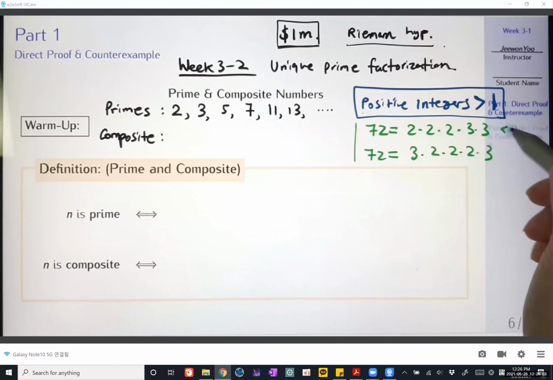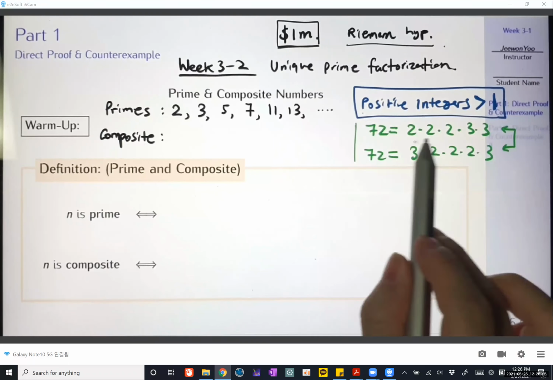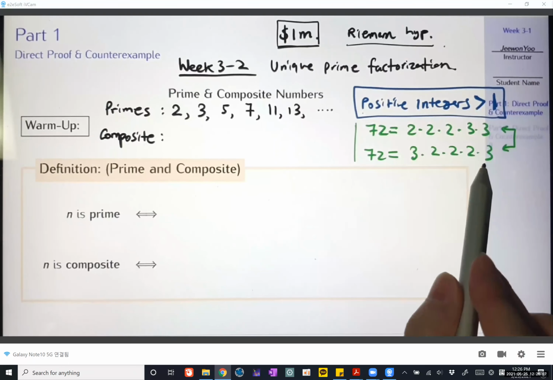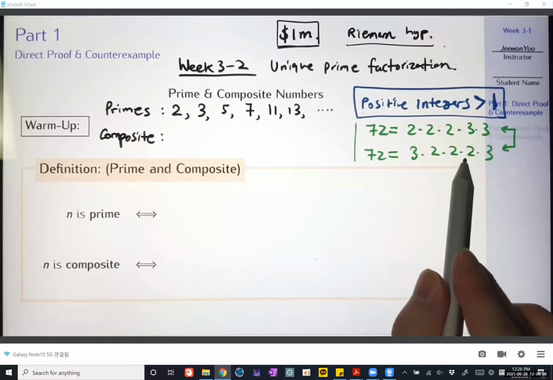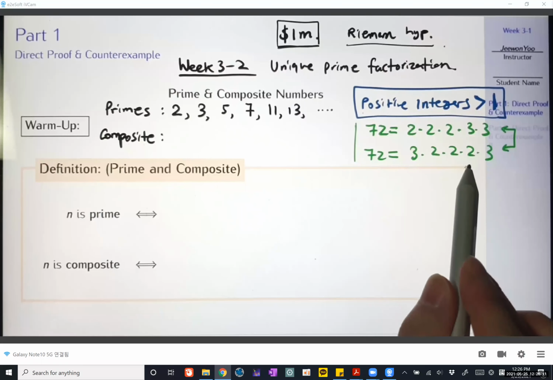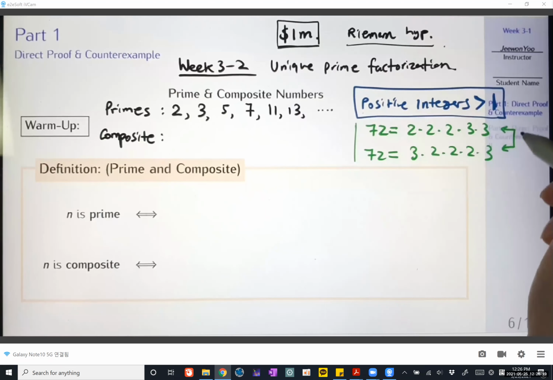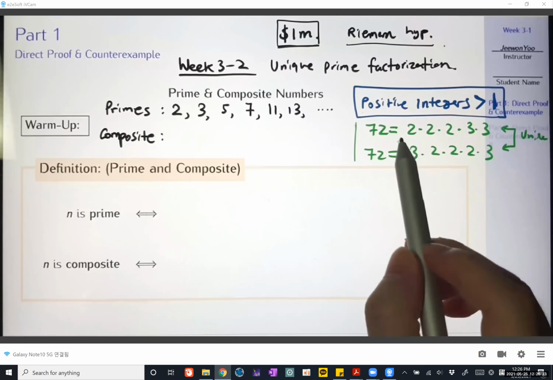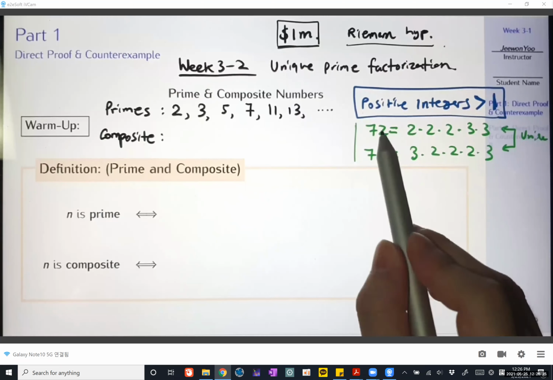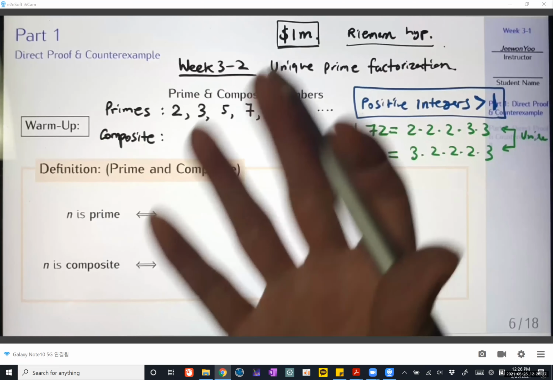But everyone, tell me, the first factorization and the second factorization, are they different or technically the same? It's the same. It's unique, right? Unique factorization. So we want to represent each positive number as a prime factorization.